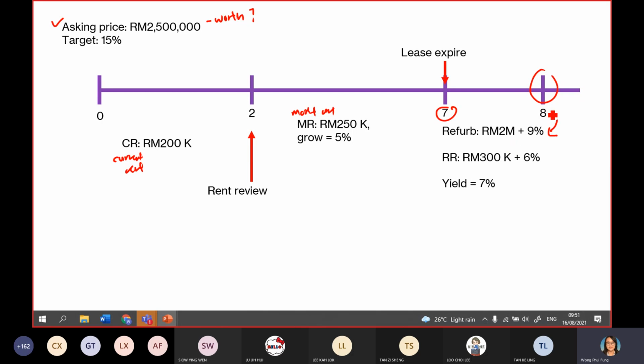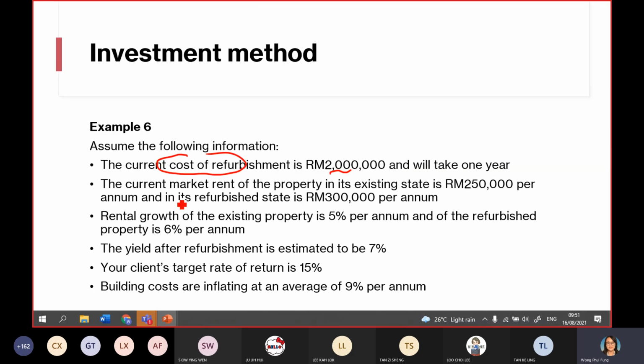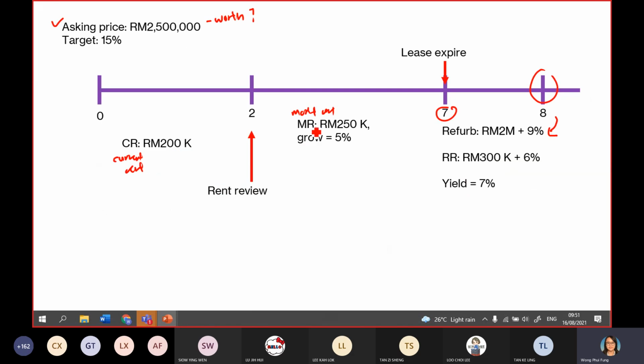The current market rent of the property is 250,000. Refurbished is 300,000. Okay, what does it mean? Market rent 250,000. RR means refurbished rent 300,000. Before you refurbish, it is 250,000.